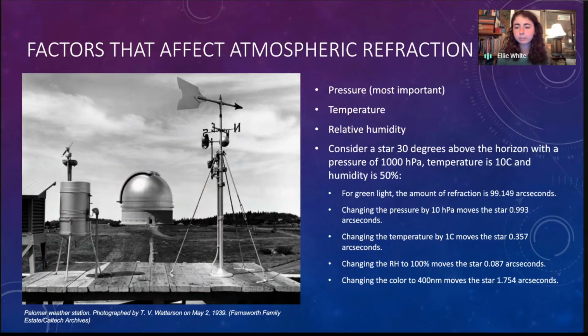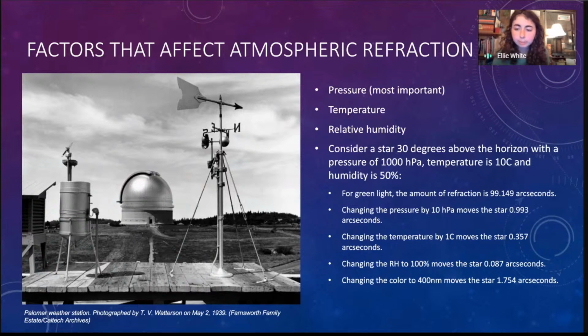Say that your light is green. The amount of refraction that you're starting with is 99.149 arc seconds. So that's a bit over an arc minute. Actually quite a bit over an arc minute. But if you change the pressure by 10 hectopascals, that moves the star 0.993 arc seconds.